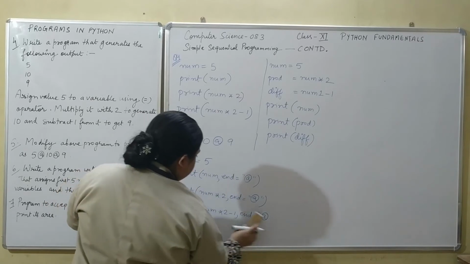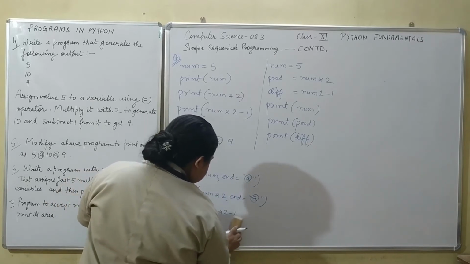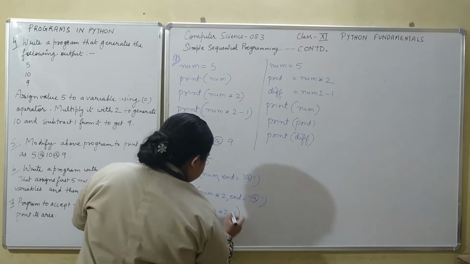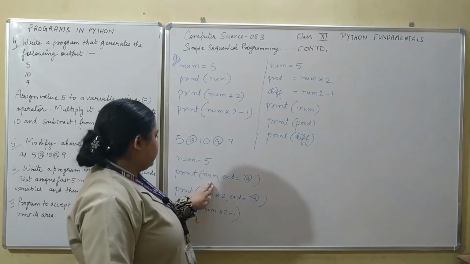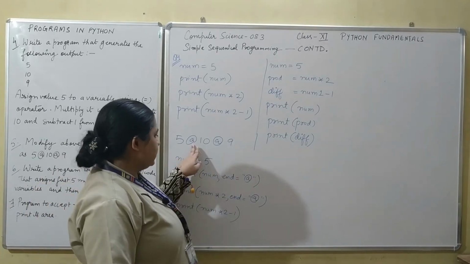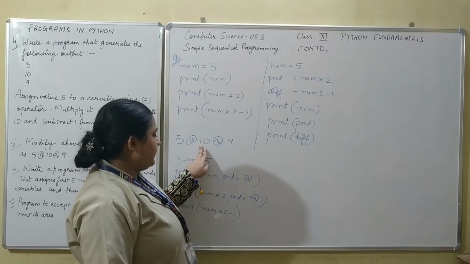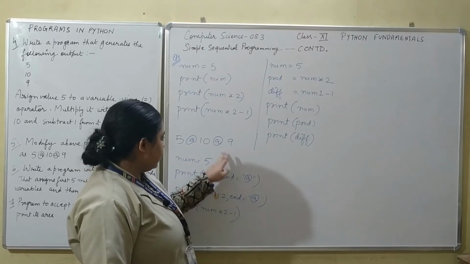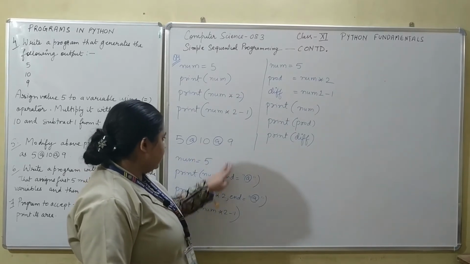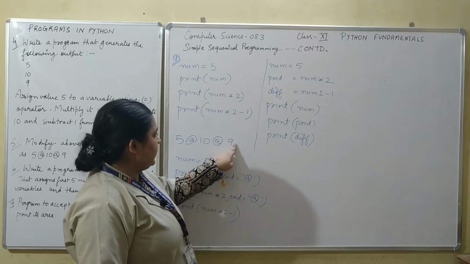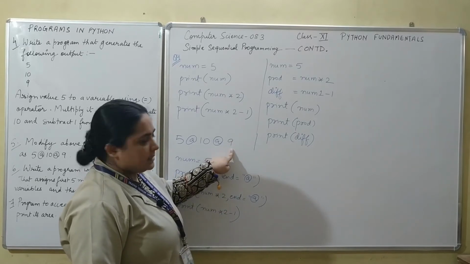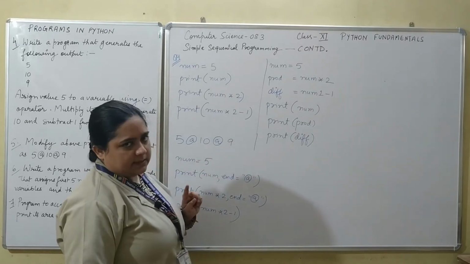So you don't need end equals at the rate over here. Only at 2 places it is enough. First it will print num, then end equals at the rate, then it will print num multiplied by 2, that is 10, print at the rate, and finally it will print the last argument immediately after the at the rate sign, and then it will change its line.